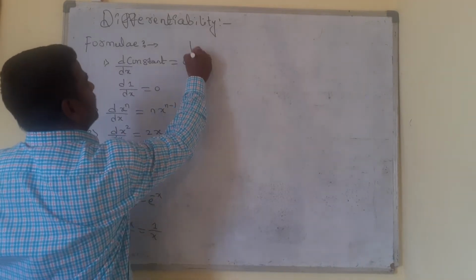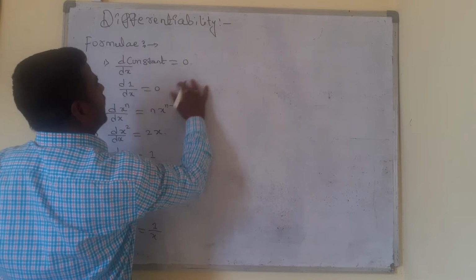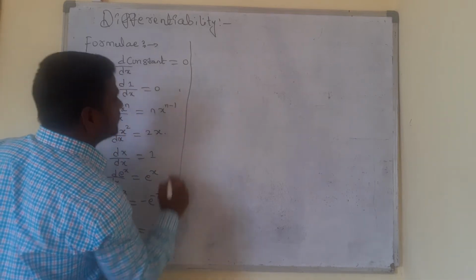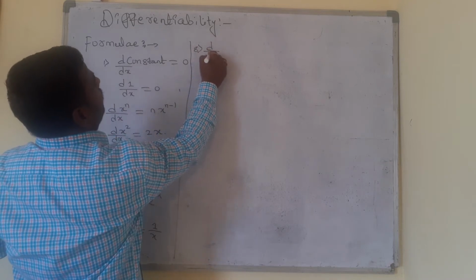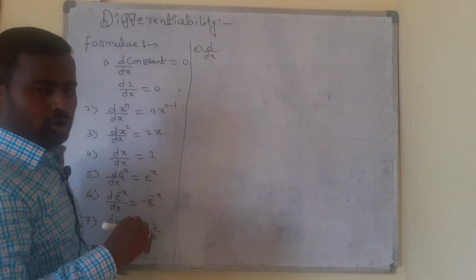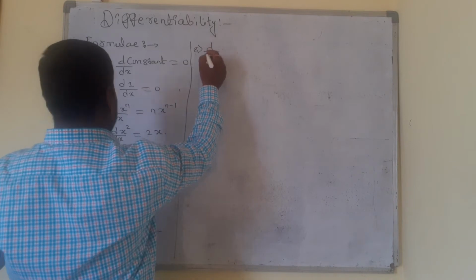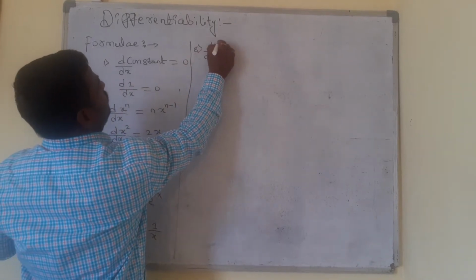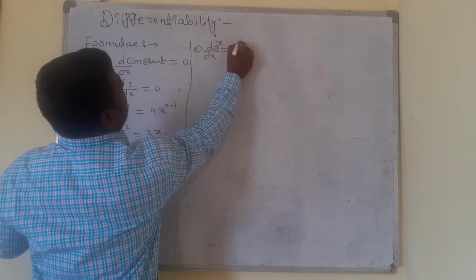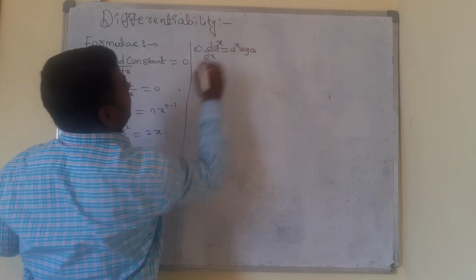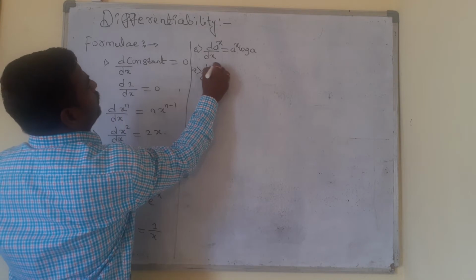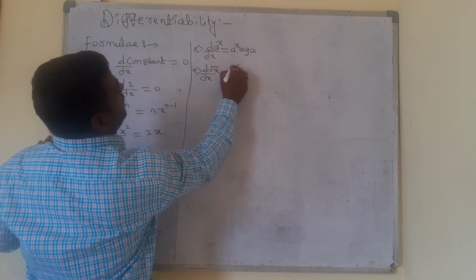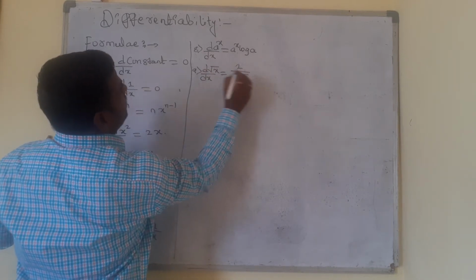Next, the differentiation of a to the power x, a constant to the power x, is a to the power x log a. Next, d/dx of root x is 1 divided by 2 root x.